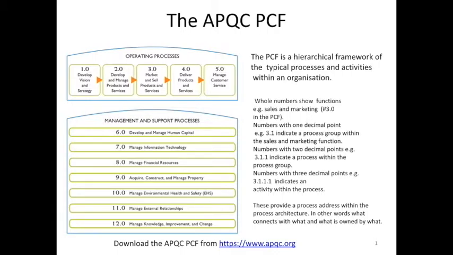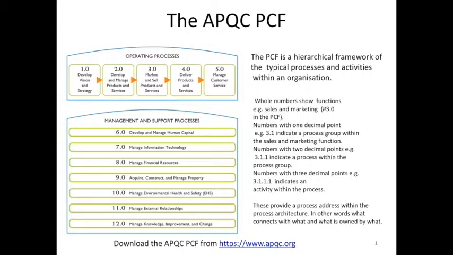The hierarchical classification of business processes is fundamental to the process classification framework produced by the American Productivity and Quality Council. This arranges processes in a hierarchy of function, process group, processes and activities. It uses the numbering system described on the slide.